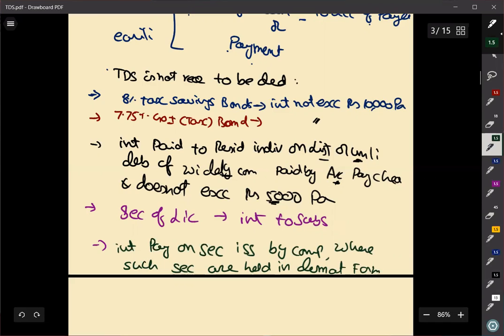If the securities are held in physical form, and the amount of interest exceeds 5,000, then TDS is to be deducted. But if the same securities are held in electronic form, which is nothing but your demat, then TDS is not required to be deducted even if the interest amount exceeds rupees 5,000. That's what the other provision is speaking about.